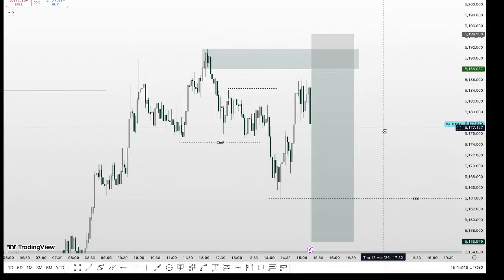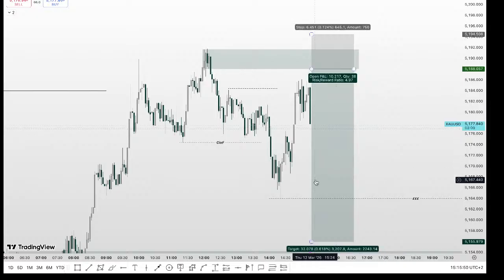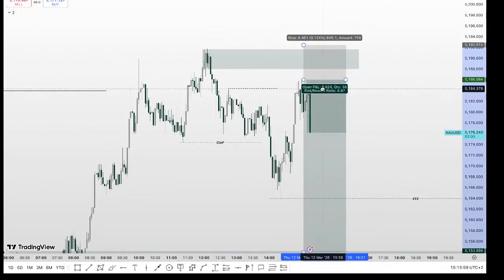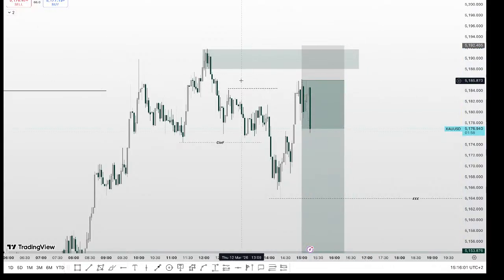It's moving. Oh man, I missed it. Yeah, no, it's moving. We missed it. So that was it.